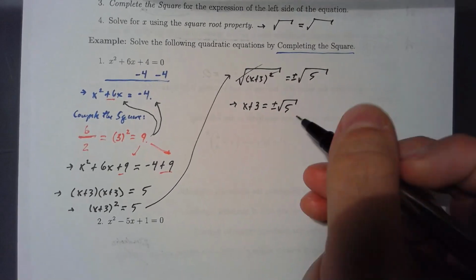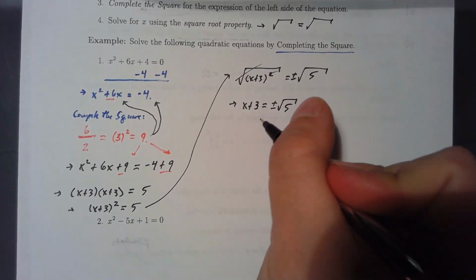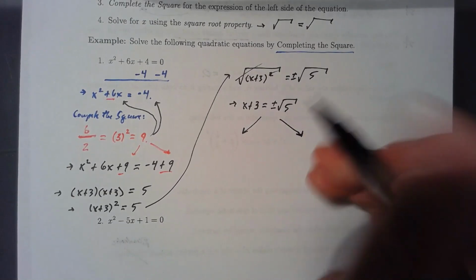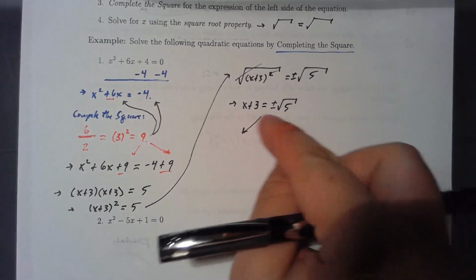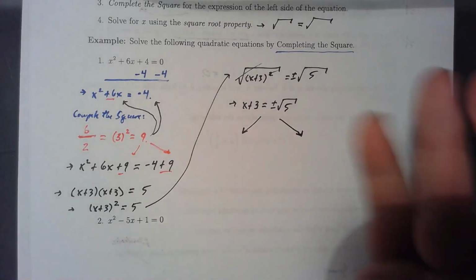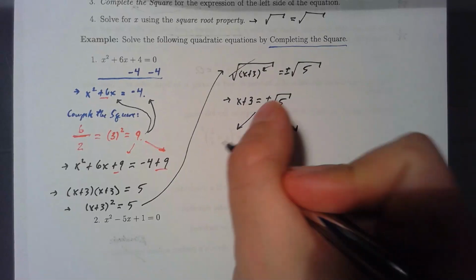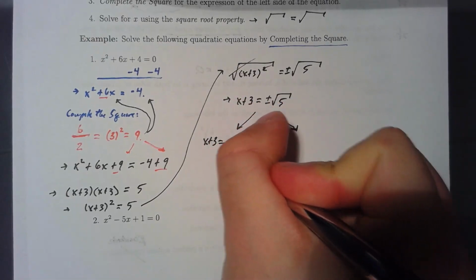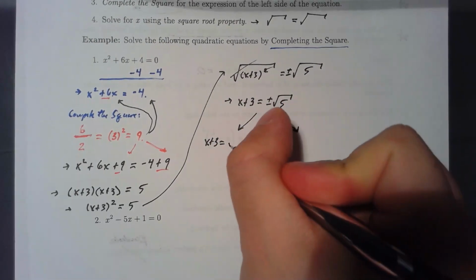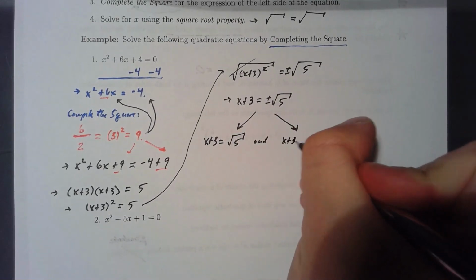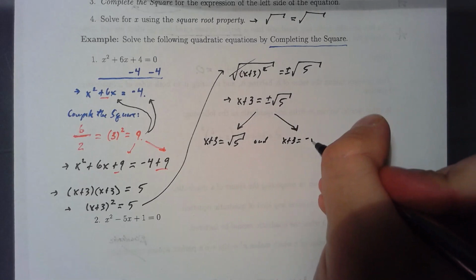Now technically this does break into 2 equations. You don't have to do this step. You could just subtract the 3 from right here, and you could do it that way, or you could write this as 2 separate equations, whatever you feel like doing. x plus 3 equals positive square root of 5, and x plus 3 equals negative square root of 5.